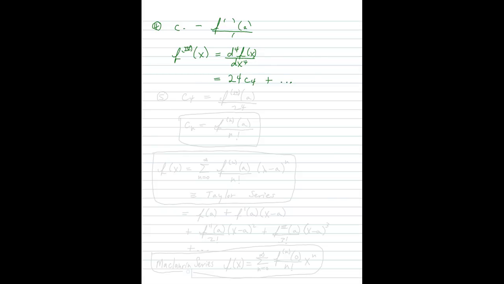So c4 is going to equal the fourth derivative at a over 24.